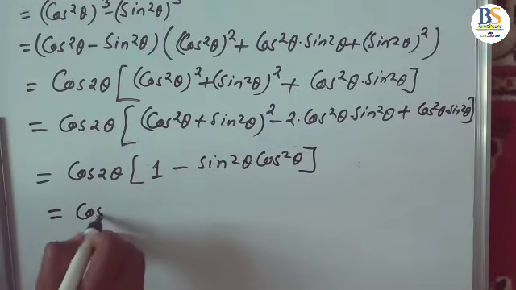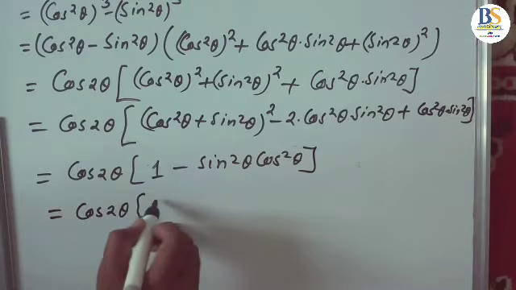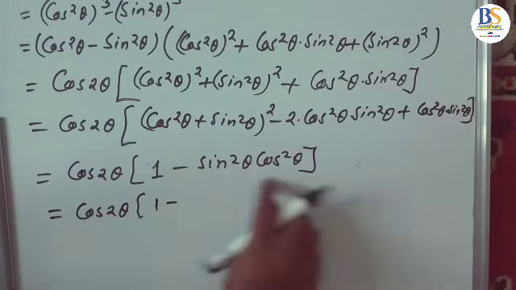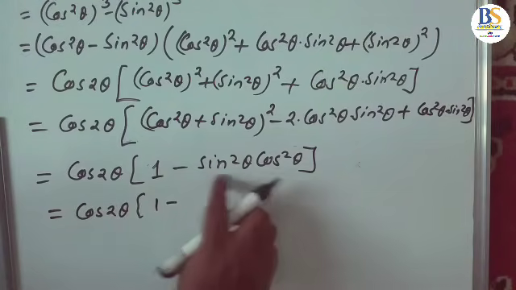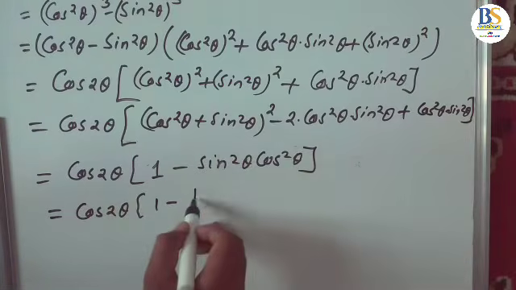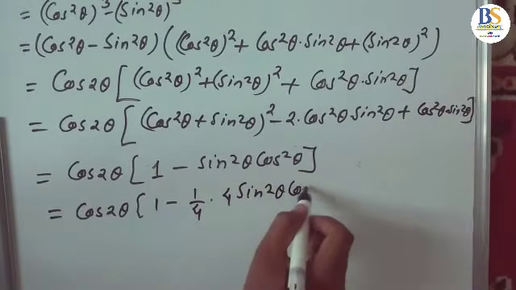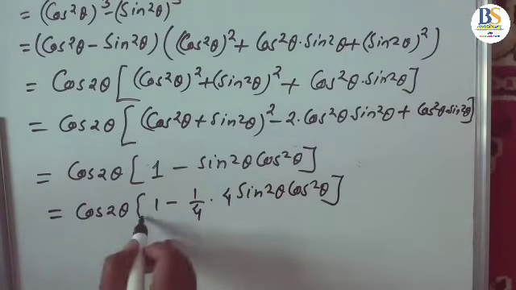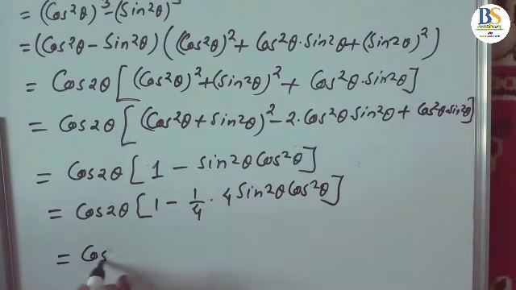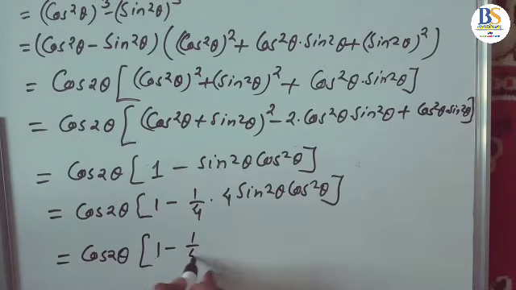Then this is equals to cos 2 theta times 1 minus. To express this term into a formula we have to multiply this term with 4 and divide by 4. There is 1 upon 4 sin square theta cos square theta. Then cos 2 theta times 1 minus 1 upon 4.